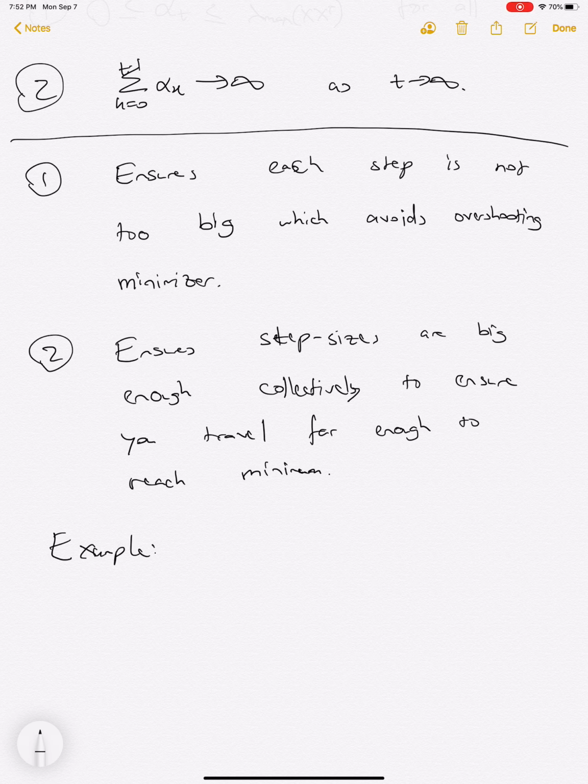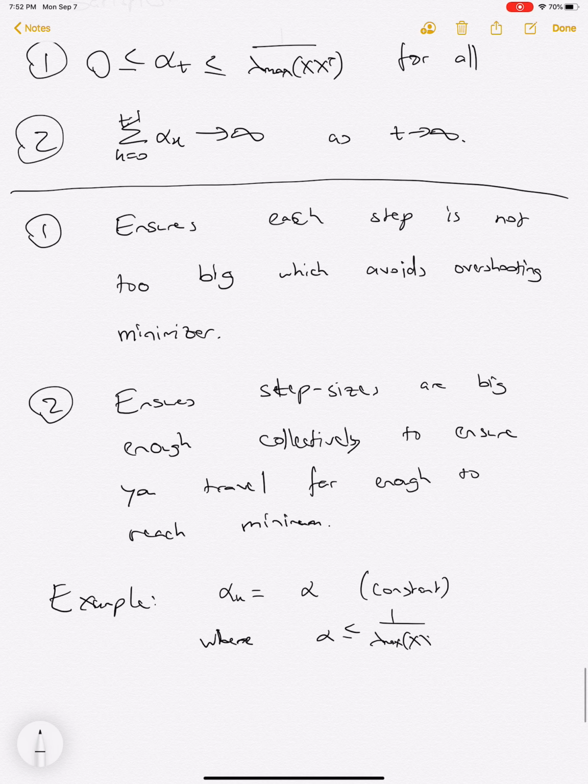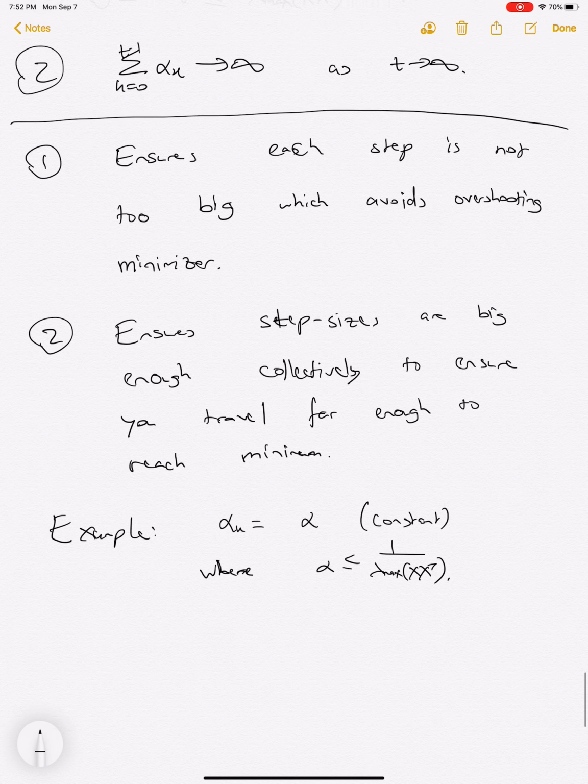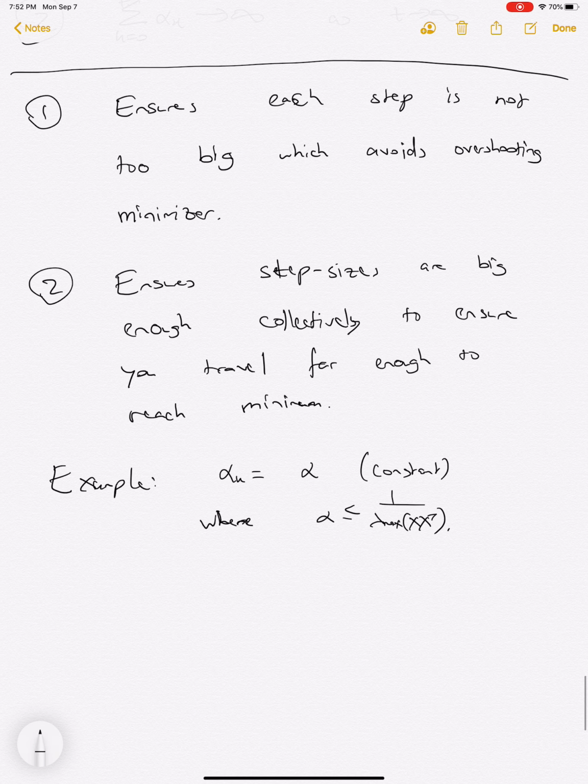So a very common example, and one you could certainly implement for your homework, is that alpha k equals a constant alpha, where alpha is some number. As long as you pick that constant to be not too big, then a perfectly valid thing to do is to choose a constant.